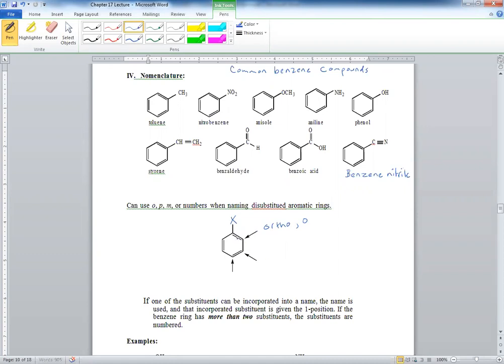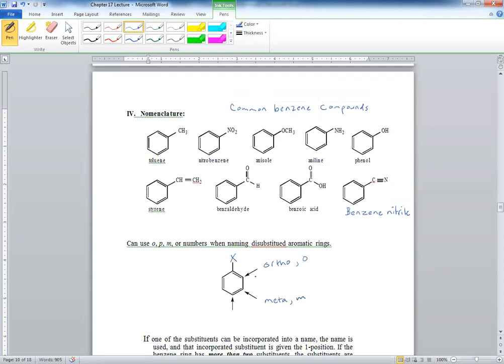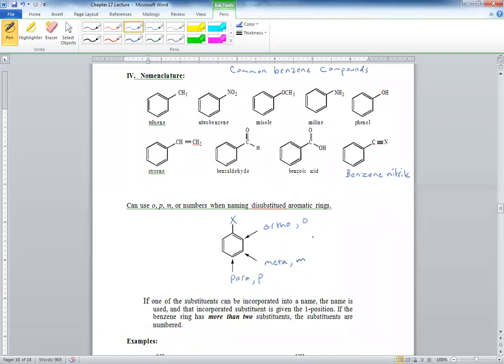If it's 2 carbons away, then that would be called the meta, M position. And then if it's 3 carbons away, then this is called the para, or P position. So the ortho can also be the 1, 2.